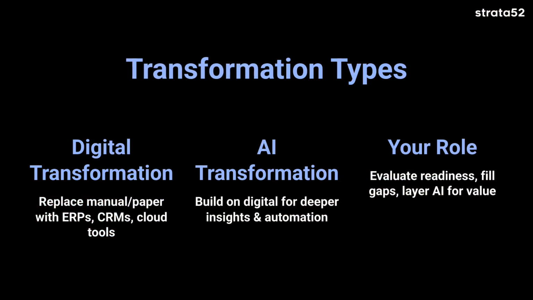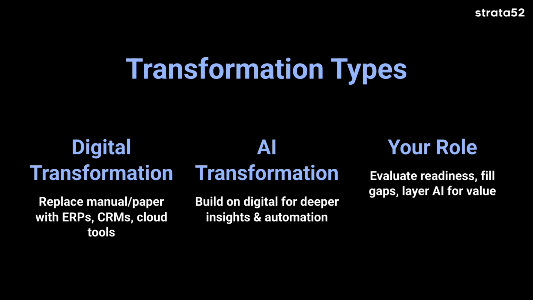Let's get started. When you get into the marketplace, you'll find that most businesses have already gone through or have started going through some sort of digital transformation, which means that they've replaced paper-based processes with tools like CRMs, ERPs, or Slack and QuickBooks. They've captured valuable data and they've automated certain tasks, but that's typically just step one.